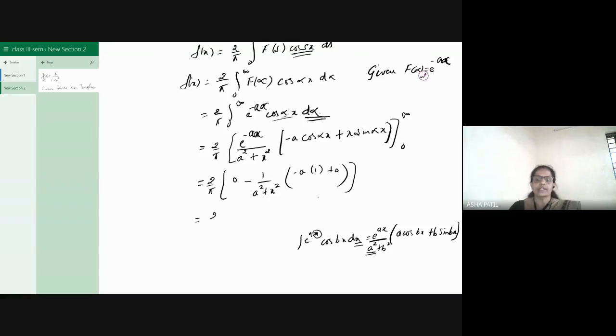So we have the answer 2 by pi into a square plus x square. Okay, I left minus a out. So it is 2a divided by pi into a square plus x square. So that is our function f of x.